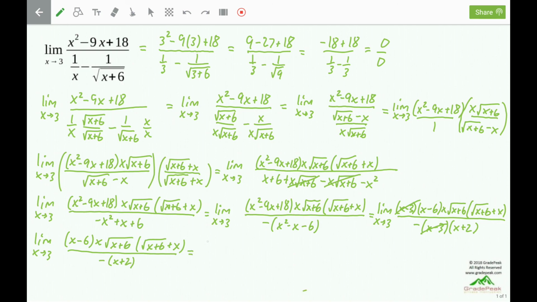Plugging a 3 in for all of the x's will give us a 3 minus 6 times a 3 times the square root of 3 plus 6 times a square root of 3 plus 6 plus a 3, divided by the negative of 3 plus 2. 3 minus 6 is a negative 3 times a 3 times the square root of 9 times the square root of 9 plus 3, all divided by a negative of 3 plus 2, which is a 5.